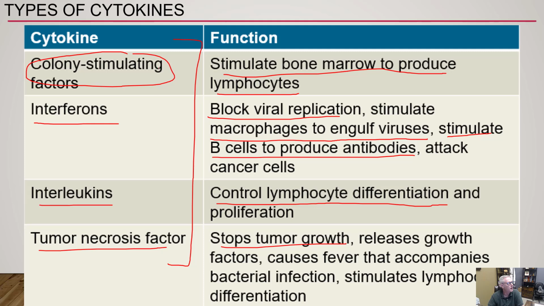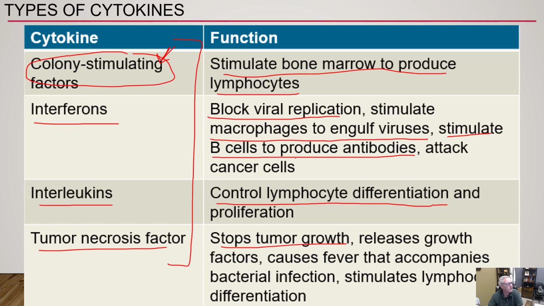Remember those cytokines? I talked about those colony stimulating factors. Those colony stimulating factors are going to cause the B cells to grow and mature, and also to activate macrophages.